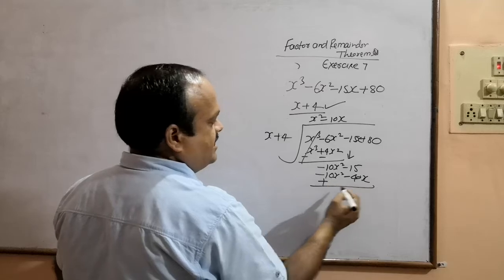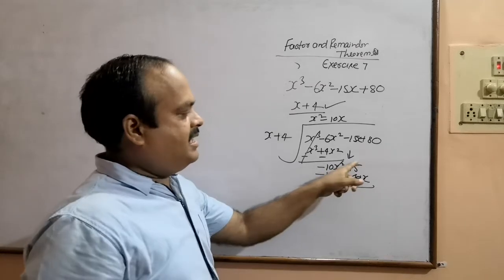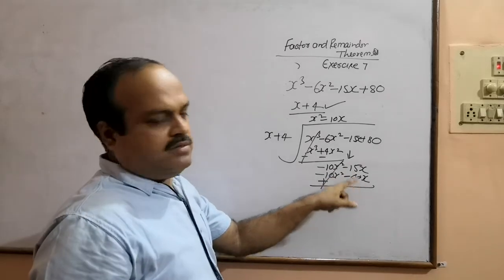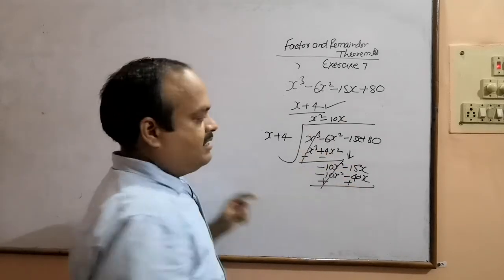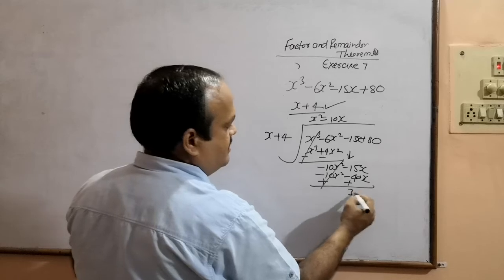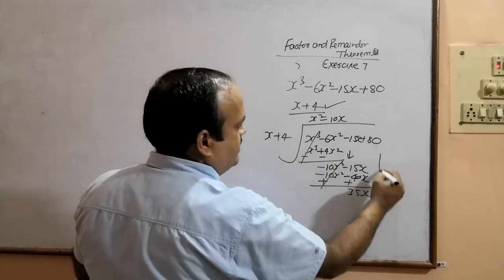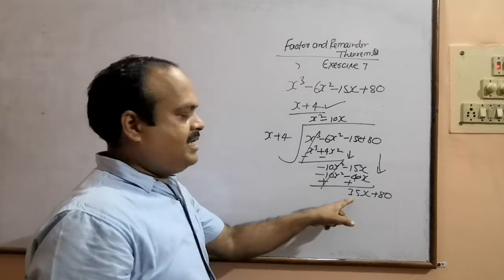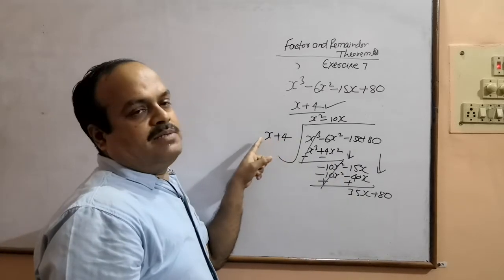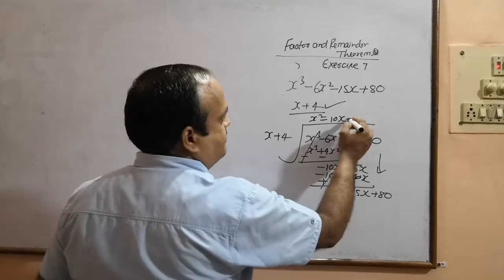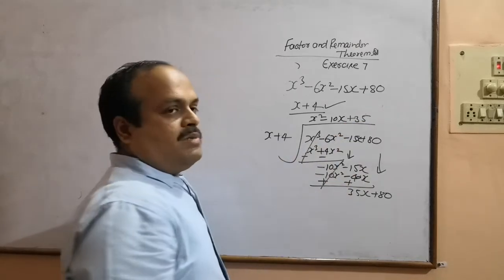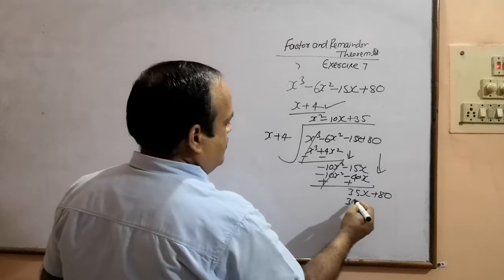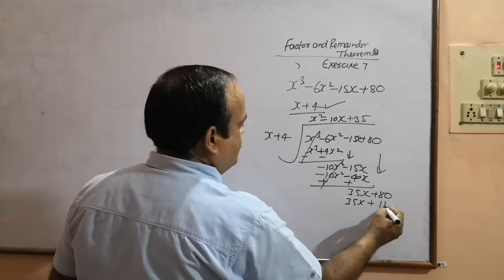Do the subtraction, change the sign. This is negative, this is positive. So negative, positive, subtraction. 40 minus 15, 35x. Get the last term down, plus 80. To get 35x, we need to multiply x by plus 35. So multiply 35 with both the terms. You will get 35x plus 140.